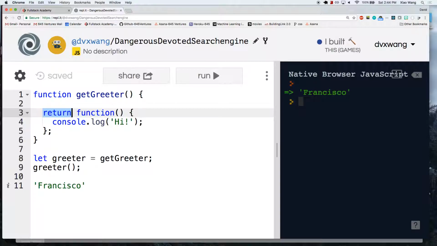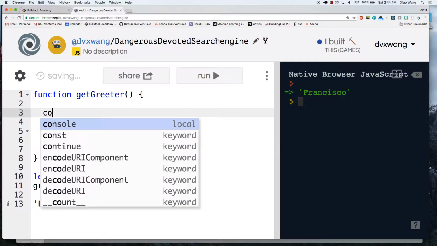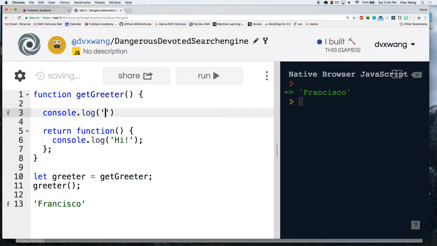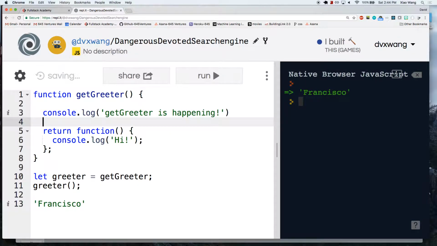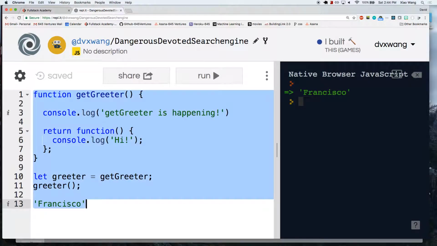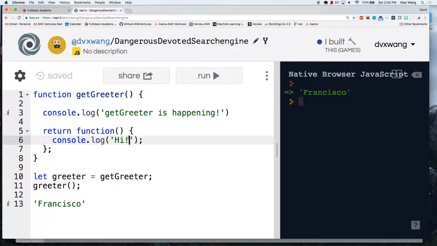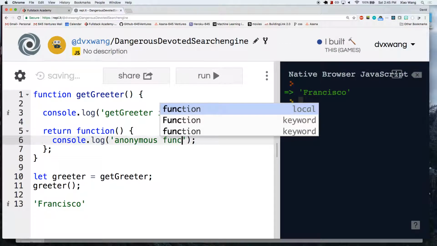You're just not seeing it because it's not being console logged, right? So let's add a console log in get greeter called get greeter is happening. And in here we'll call it anonymous function is happening.